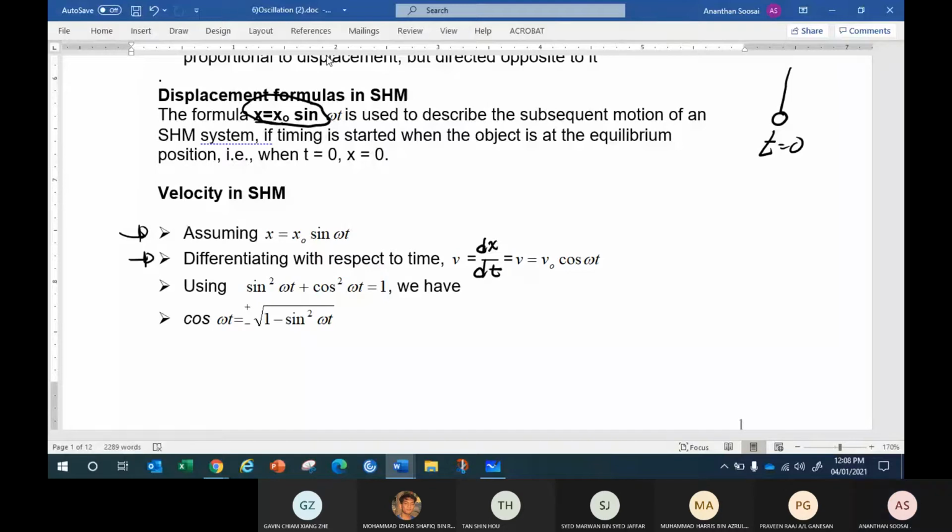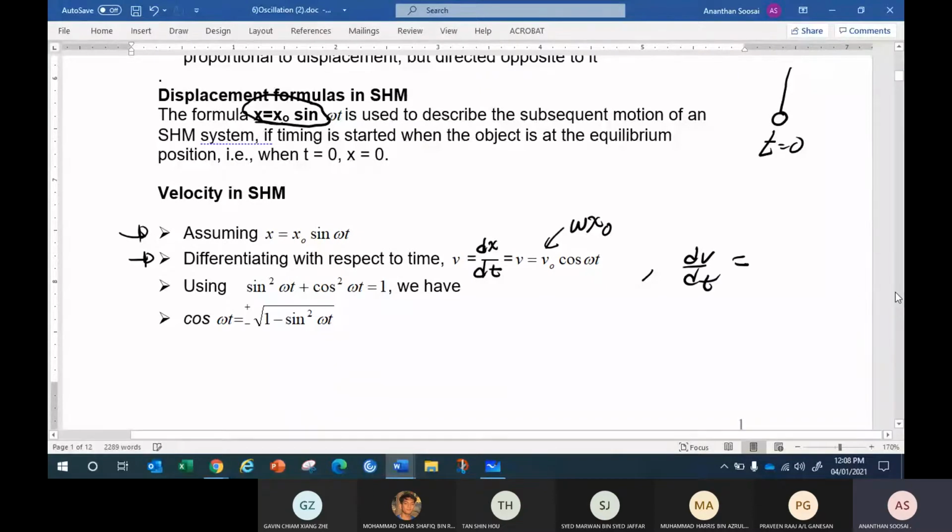We get the velocity formula. V naught is actually omega x naught. Then later we derive acceleration. Acceleration is what? We do dv dt. Then what is the formula?